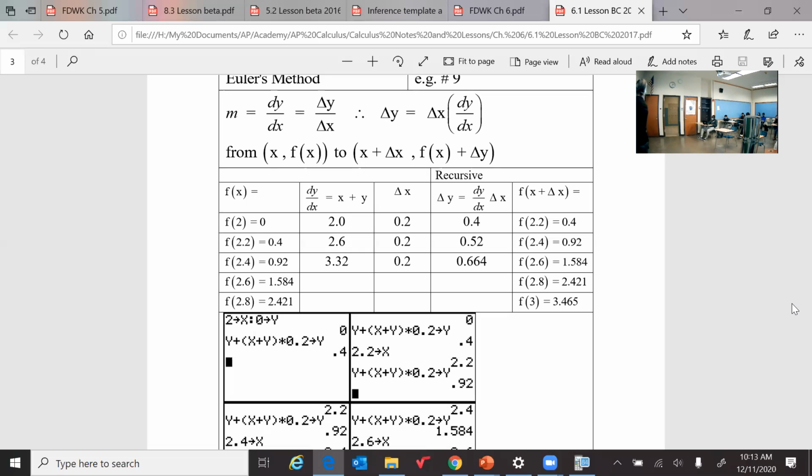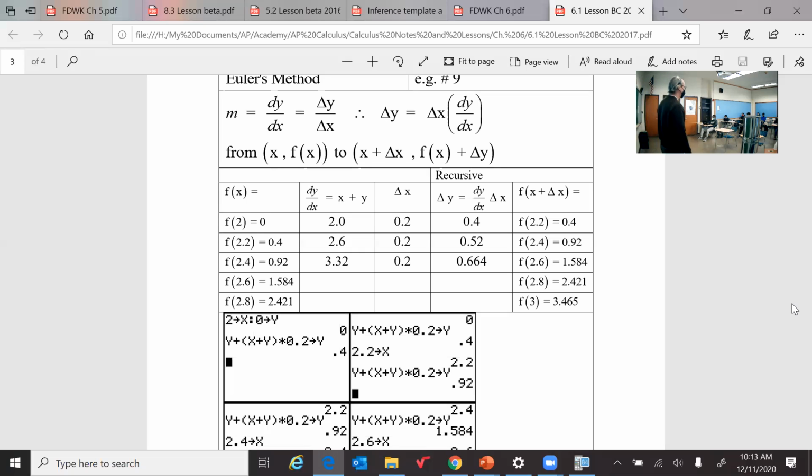One more. 2 and 4/10 with 92/100. Their sum, x plus y, is the derivative, multiplied by 2/10 dx, gives us dy. We add this to the 92/100, and we get 1.584.